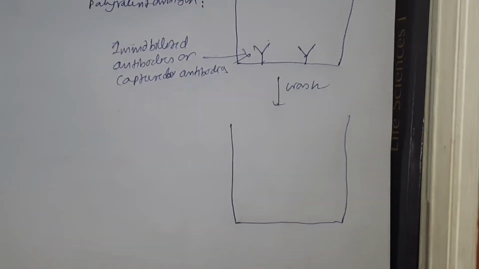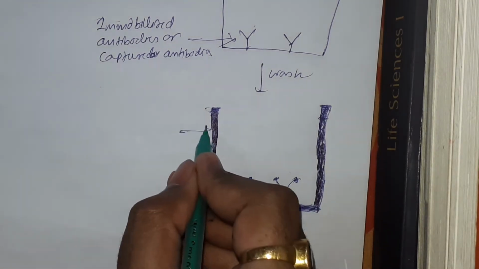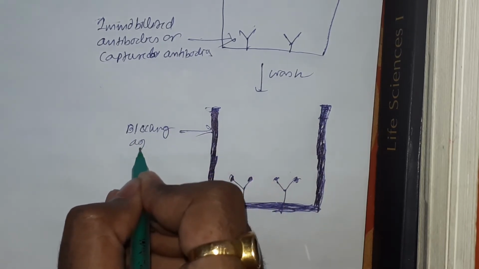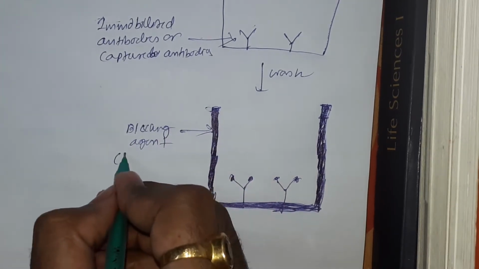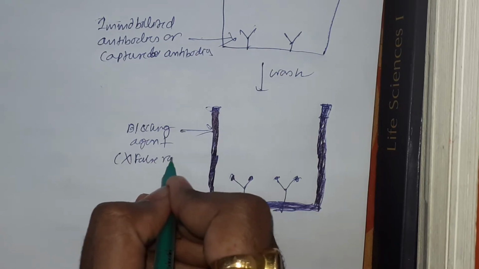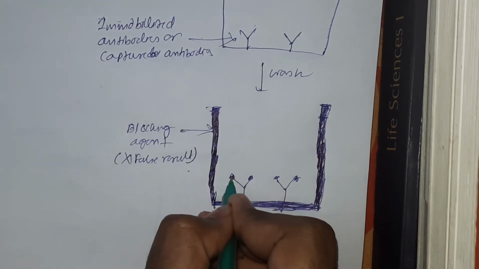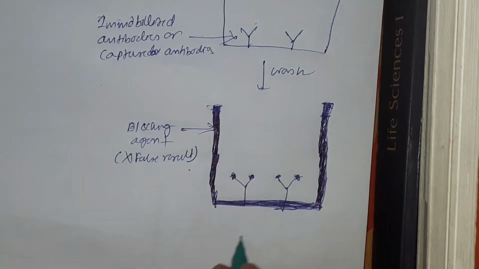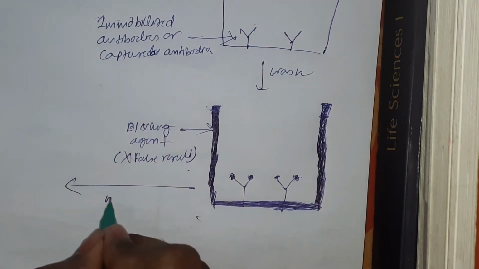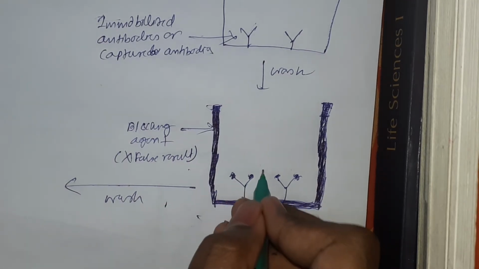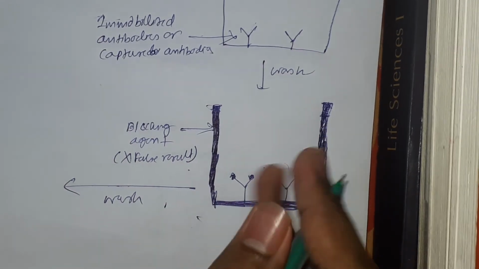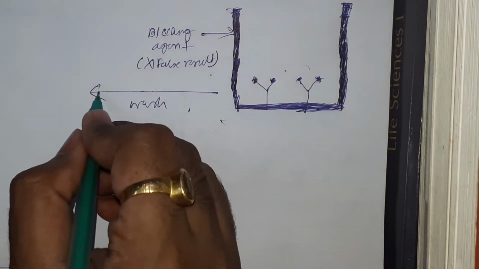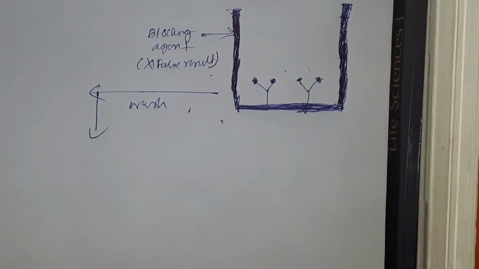There will also be a blocking agent. This blocking agent will discard the chance of a false result. Now as our antigen is bound with our primary antibody, we apply a washing step again so that any unbound antigen will be removed. Now we add the secondary antibody that will be enzyme linked.